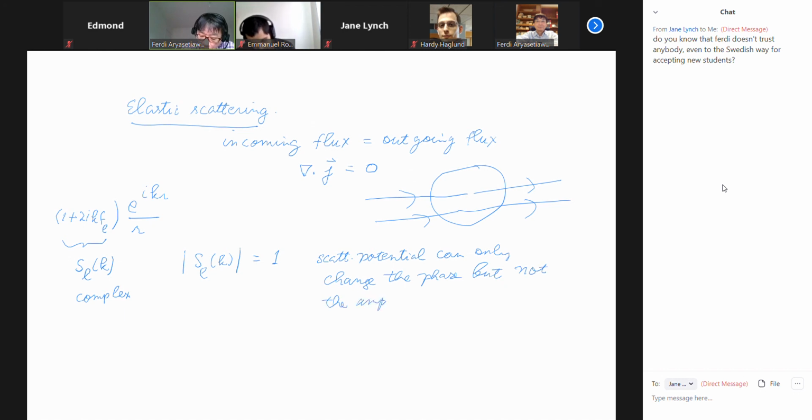For example, if the amplitude is attenuated, that would imply that the potential somehow absorbs the particle. So we have a conservation of probability. So we have this condition here.